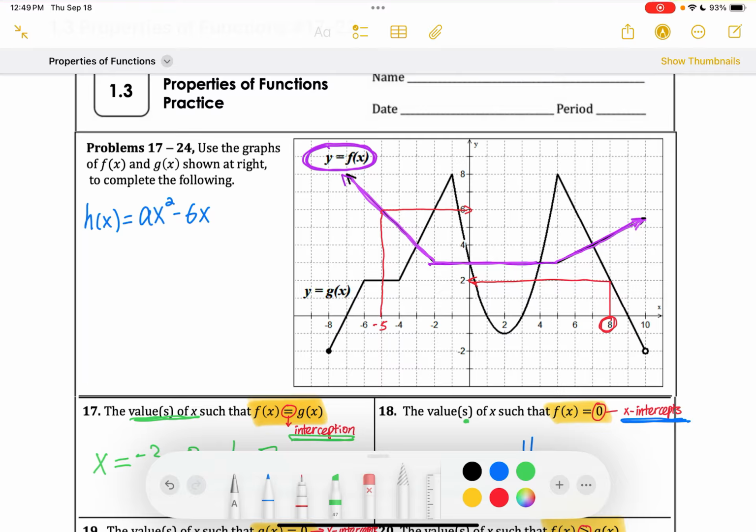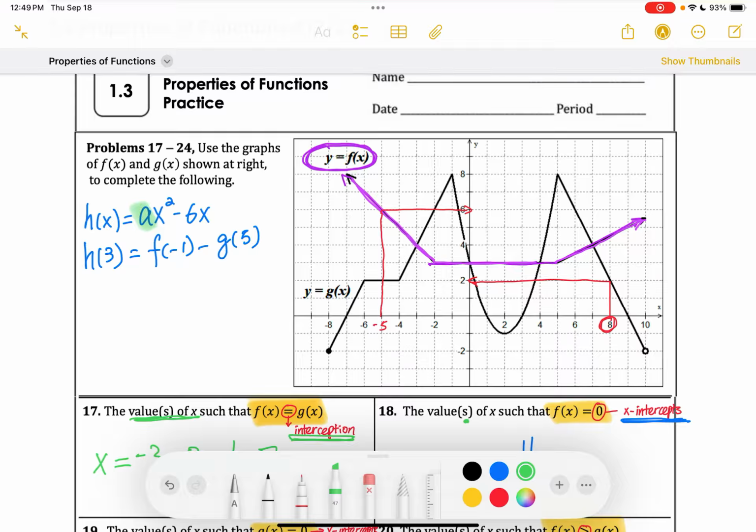So we mentioned we are given a function, and this moment it says that when I plug in 3 for the h, that will equal the function f of negative 1 minus g of 5. All right, remember what we say? When there is a function, plug it in, plug it in, plug it in. So the goal is to solve for a. The a is what we want to figure out.